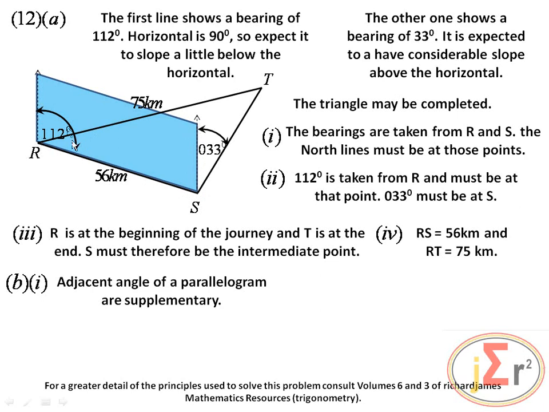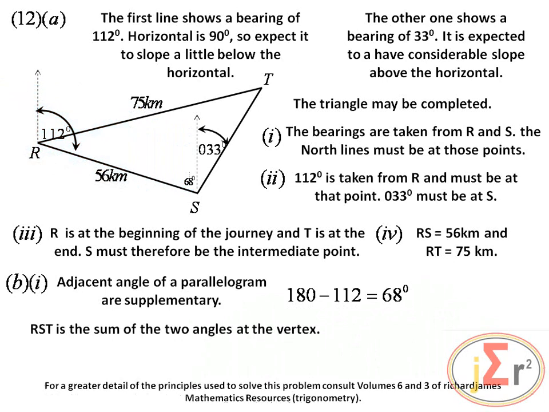If this is 112, then this one will be the rest of 180 degrees. Consecutive angles of a parallelogram add to give 180 degrees. So the other angle that we have there is 68. So RST will be the sum of those two angles. 33 plus 68 is equal to 101 degrees.